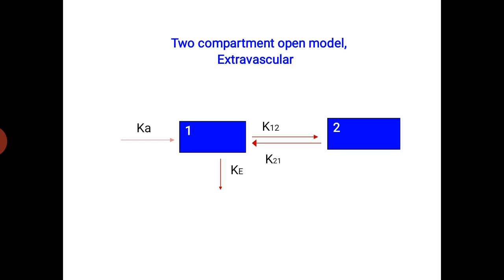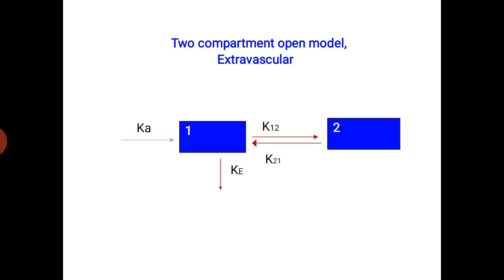Okay. Now the general equation: how to determine the change in drug amount in the central compartment, that is dX/dt. So dX/dt is equal to the amount of drug that enters and the amount of drug that is eliminated.